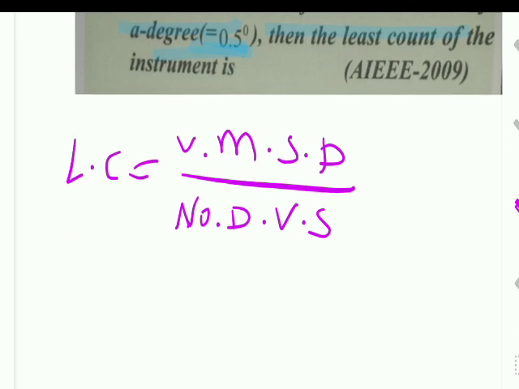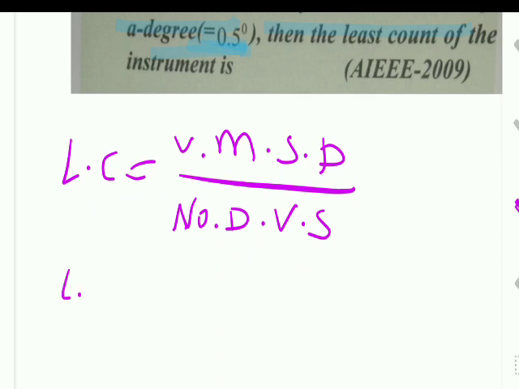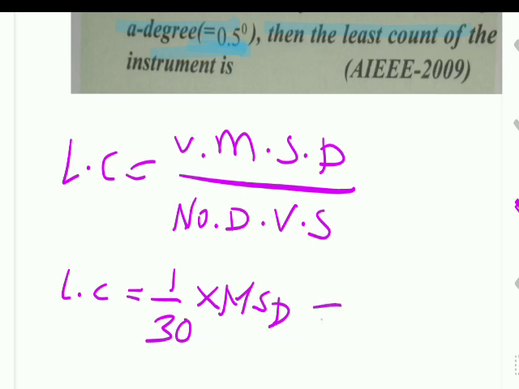So this is our LC formula. Least count is equal to 1 by 30 into MSD, main scale divisions.